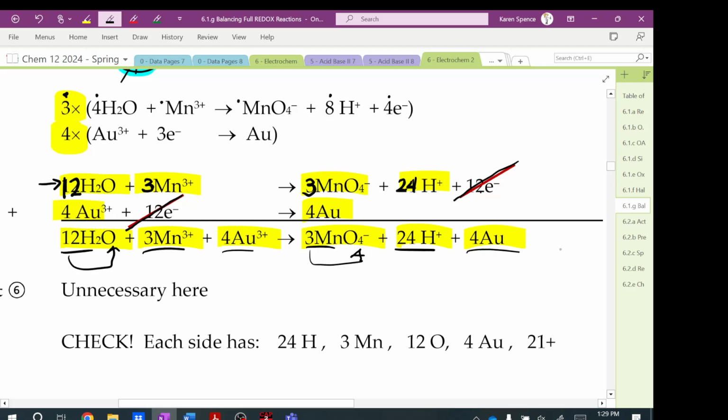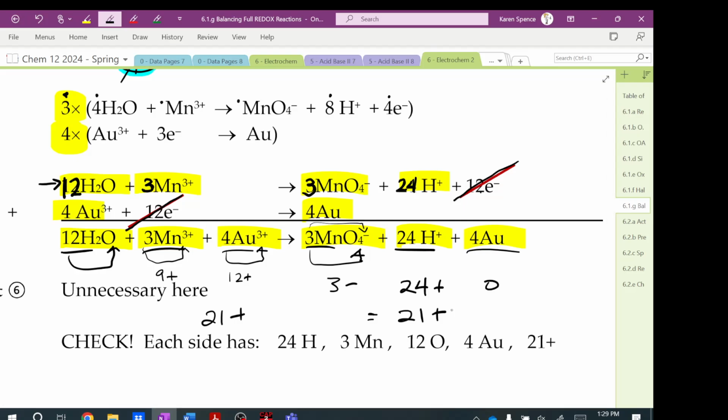Check your charge. 3 times 3 is 9 positive. 4 times 3 is 12 positive for a grand total of 21 positive. 3 times 1 is 3 negative, 24 positive, and 0 equals 21 positive. So everything is good.